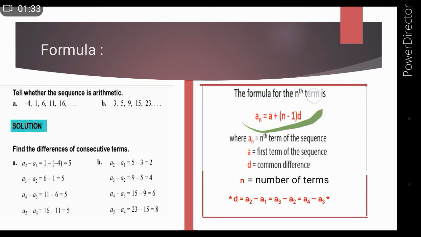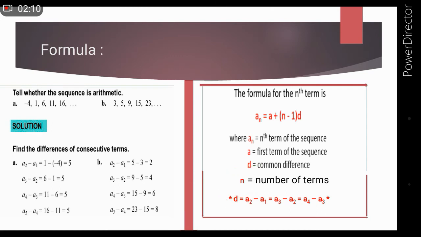This is the formula: an is equal to a plus (n minus 1) into d. An means the general term. Here we can change the value of n and find the value of that particular term in the sequence, where n is the nth term, a is the first term of the sequence, d is the common difference, and here I have mentioned how you can find d: by subtracting the previous term from the following one.